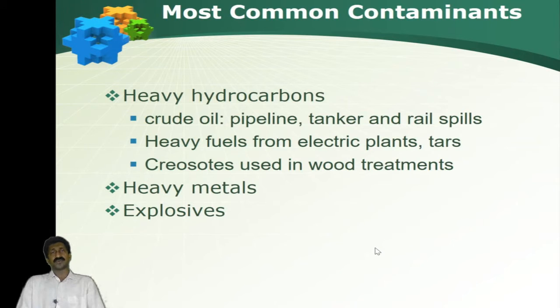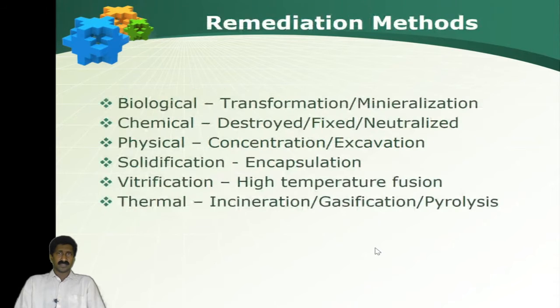These are different forms of heavy hydrocarbons that contribute to environmental contamination. Then different heavy metals, explosives. All these are different categories of the common contaminants present in nature that require some form of bioremediation.